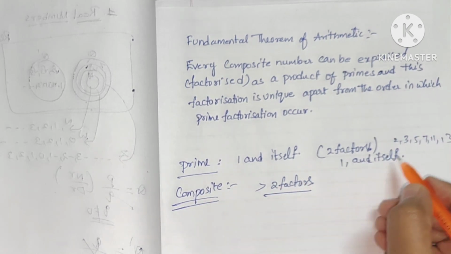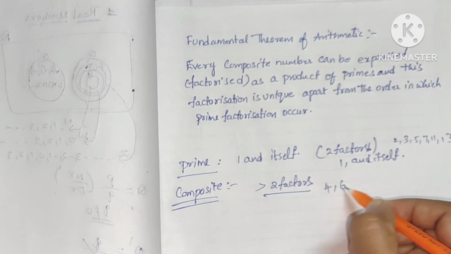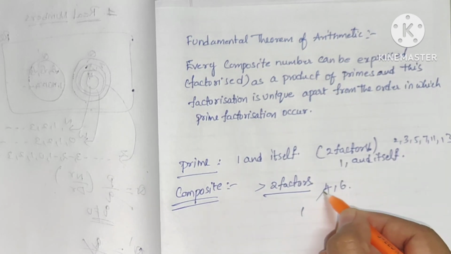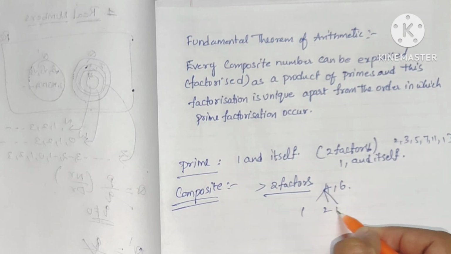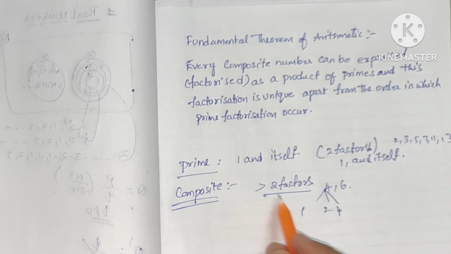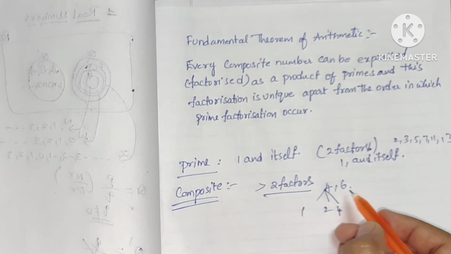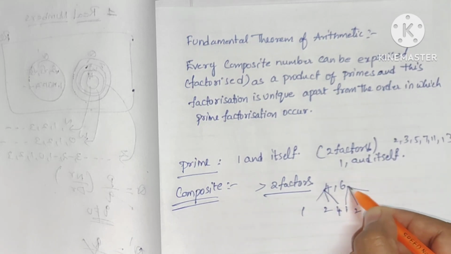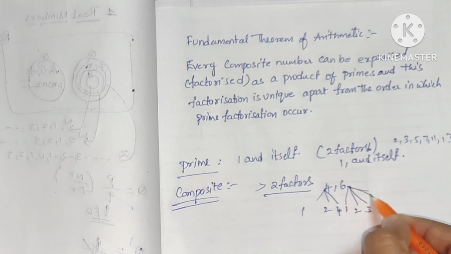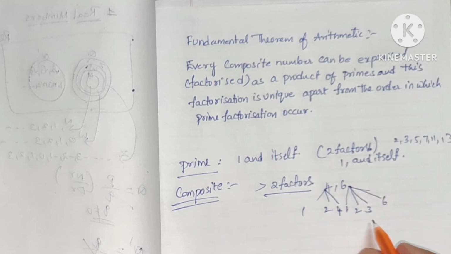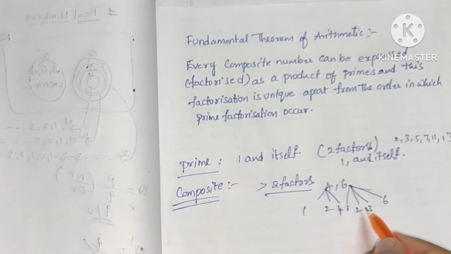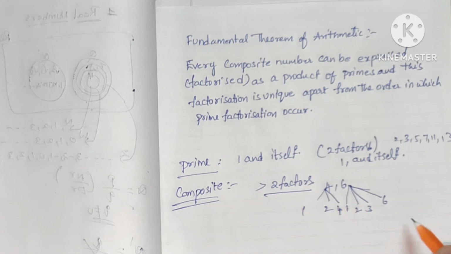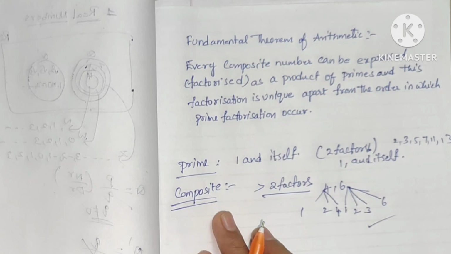So here 4: 4 is divisible by 1, 4 is divisible by 2 and 4 is divisible by 4. Okay, more than 2 factors are there now. Coming to 6 also, 6 is divisible by 1, 2, 3 and 6 also. So more than 2 factors are there. So these numbers are called composite numbers.